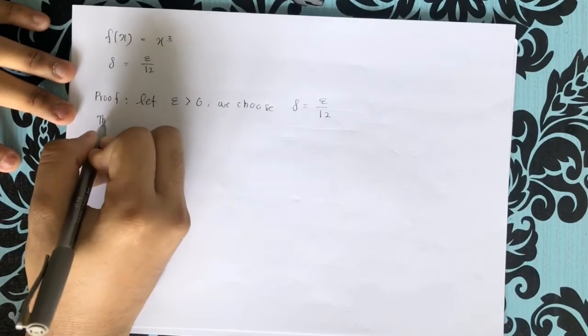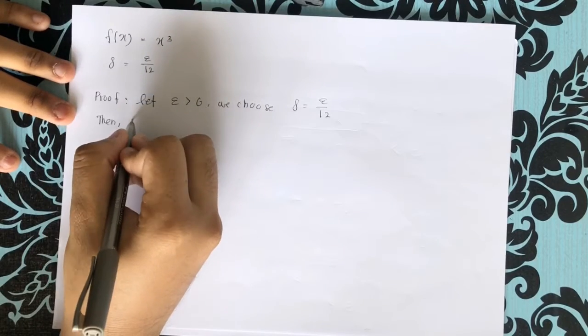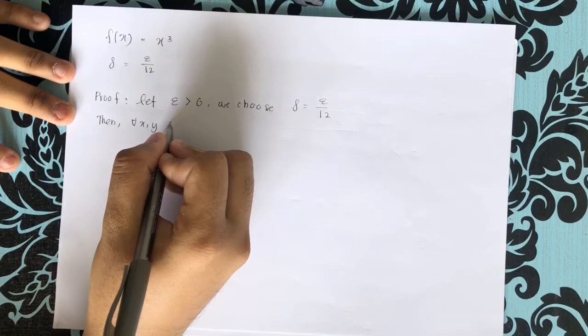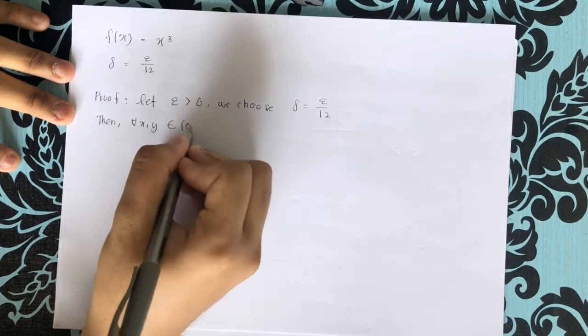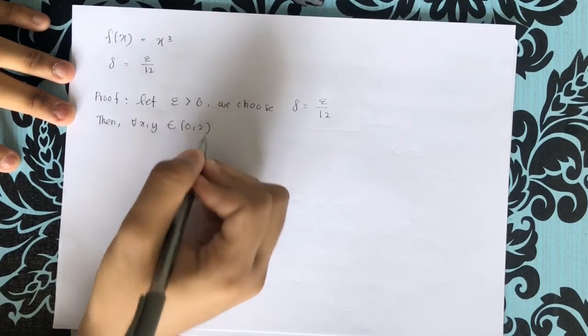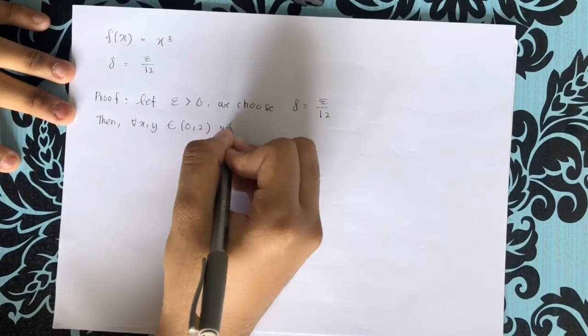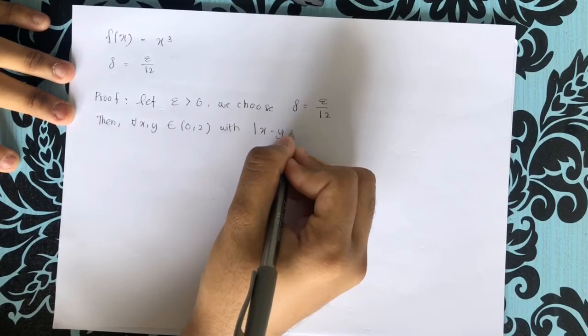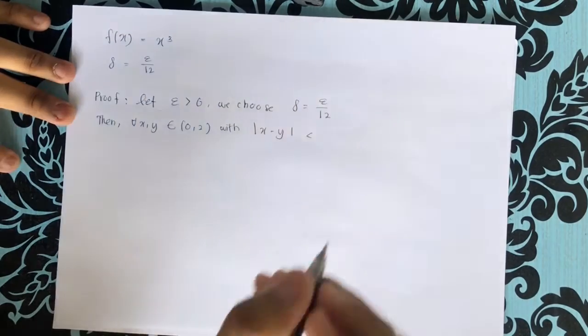Then for every x and y in our interval 0, 2 with |x minus y| less than delta.